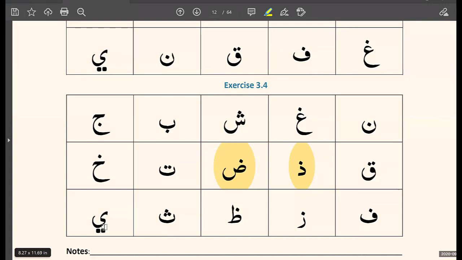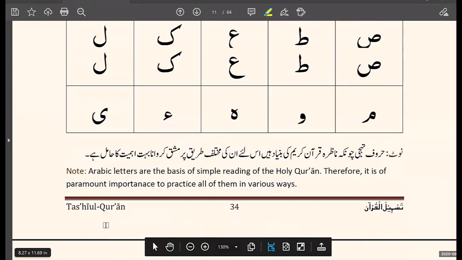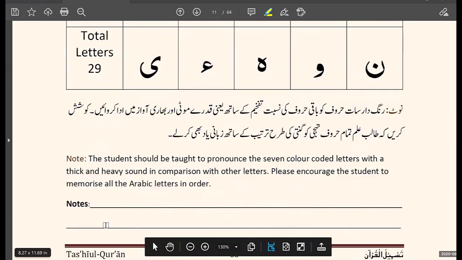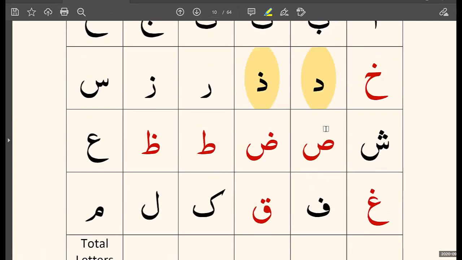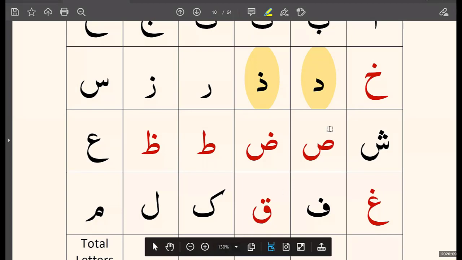Can you please list them? Who are they? Kha, dad, ta, za, ghain, and qaf. These 7 letters are always pronounced with a heavy sound.